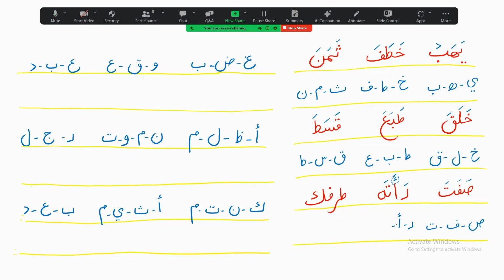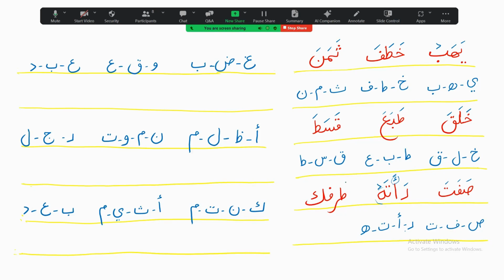So Ra, Hamza, and Ta, and then there is at the end a Ha letter. We just say Ra'ata. Ra, Hamza, Ta, and Ha.